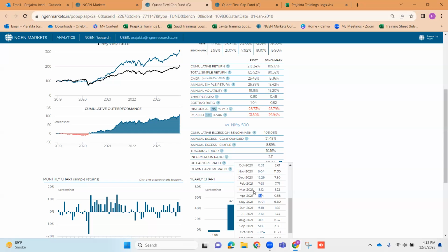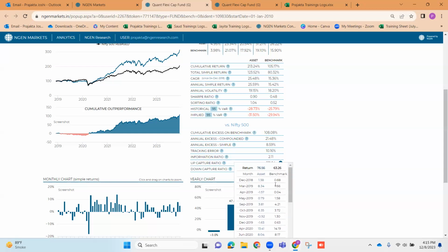Now, if we were to cumulate all the uptrends month on month, that comes to a benchmark cumulative positive return, when the benchmark was in a bull run, of 63.26. On the other hand, the fund went up by 76.56.